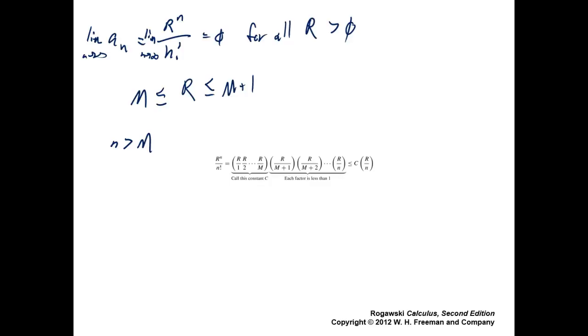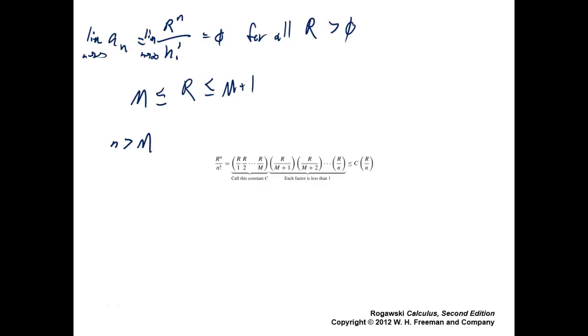And then every one of these, because M plus 1 is greater than r, is a fraction that's less than 1. Same r, but bigger denominator. Same r, but an even bigger denominator until you get up to n. So you're multiplying a number less than 1 by another less than 1 by another less than 1. They're all getting smaller and smaller. After a while, you get a number that is considerably less than 1.